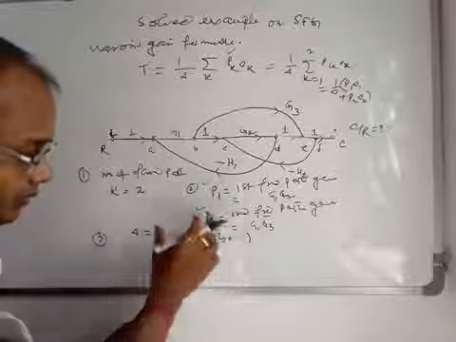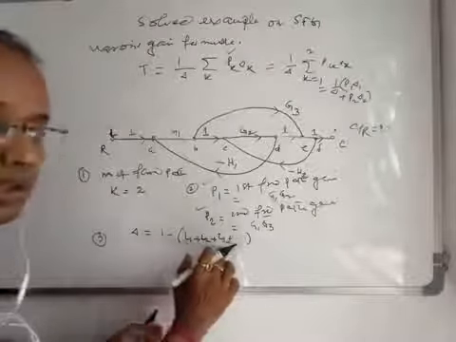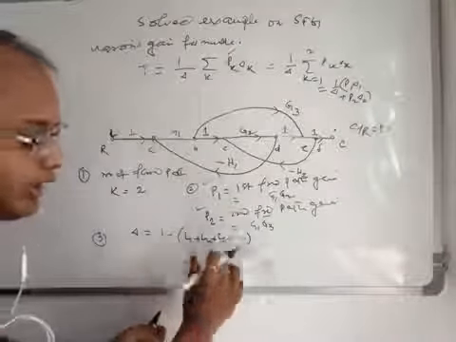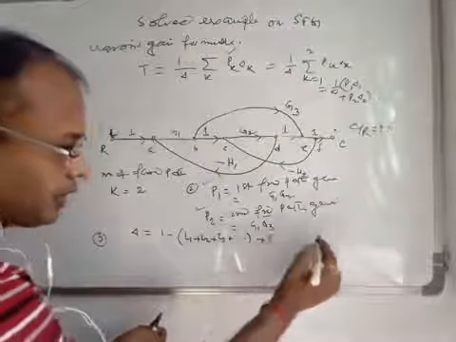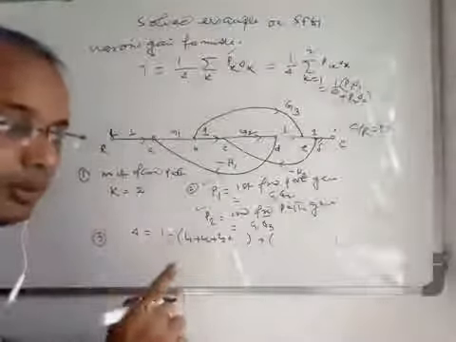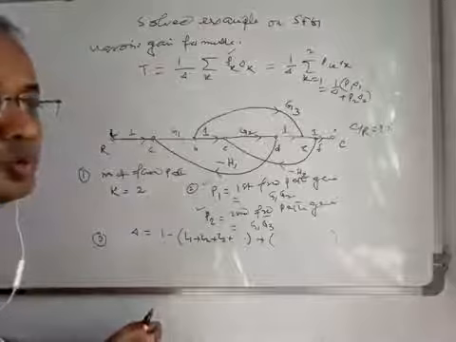To keep the formula in mind, I can write it like this: 1 minus (L1 plus L2 plus L3 and so on), such that these are the individual loop gains, plus what is the next part? The next part was all possible combinations. That means the sum of gain products of all possible combinations of two non-touching loops.